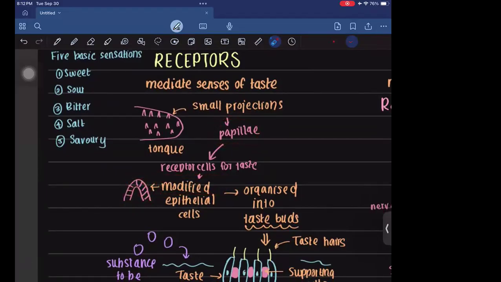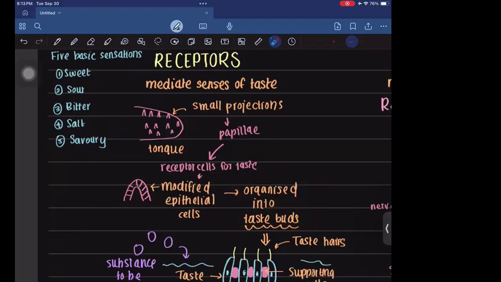In the papillae there are modified epithelial cells present, and only in these modified epithelial cells are the receptor cells for taste present. They are not just normal epithelial cells, they are modified epithelial cells which are organized into taste buds. These taste buds are the receptors for taste. These taste buds are the taste receptors.